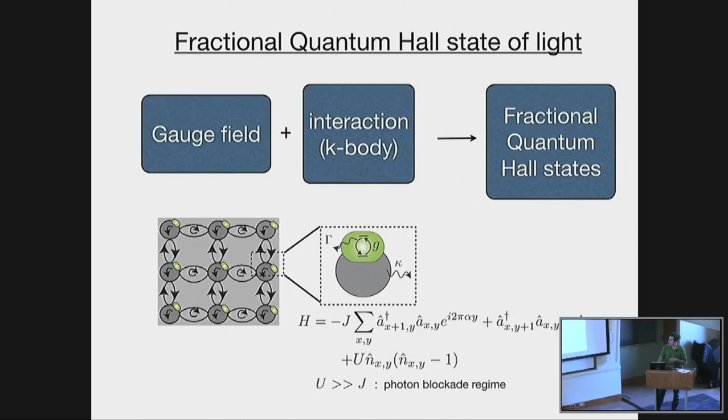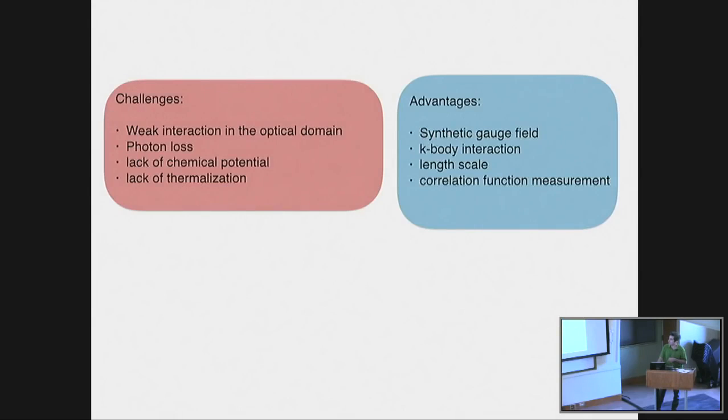Now we have to have some on-site interaction, for example. And then if U is larger than J, in the language of photons, that means we are in the photon blockade regime, meaning that the tunneling between resonators is smaller than the interaction on each site. Then we expect that we could get some fractional quantum Hall states.